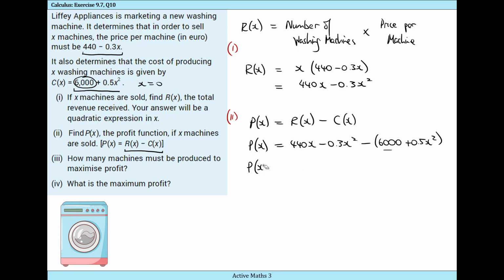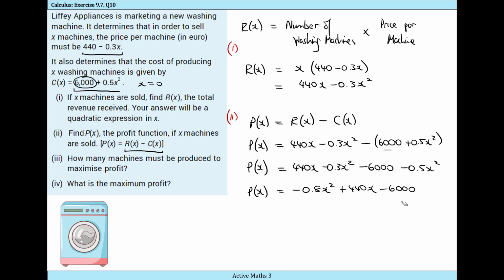Tidying this up, removing the brackets, this is 440x minus 0.3x squared minus 6,000 minus 0.5x squared. Combining like terms, minus 0.3x squared minus 0.5x squared is minus 0.8x squared, then plus 440x, and then minus 6,000. And so we have this quadratic function that represents the profits.